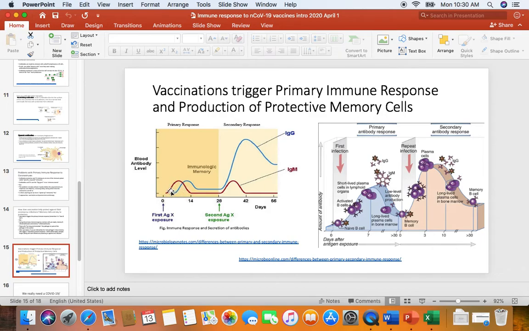But notice again, you guys, it's slow, right? It's low, right? It doesn't last very long. And we'll see later again, you guys, it's going to be primarily an IgM response. And what we want is this IgG antibody here. But what this graph isn't showing us is the huge thing happening in the primary immune response is that our body is making these fantastic memory cells, memory B cells and memory T cells.